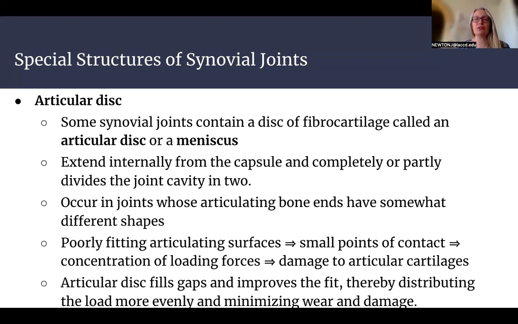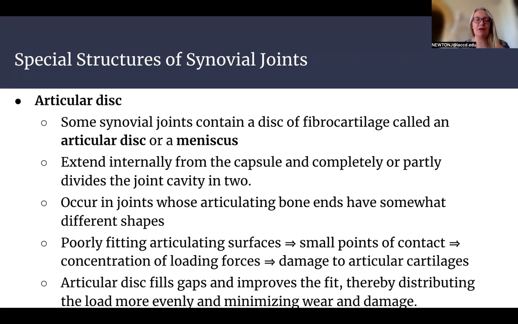They occur in joints whose articulating bone ends have somewhat different shapes from each other. So where there isn't an exact match, that's when it is more common that we fill in the spaces between poorly fitting articulating surfaces with an articular disc to make things move more smoothly.